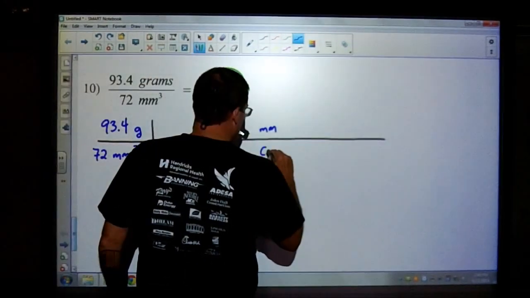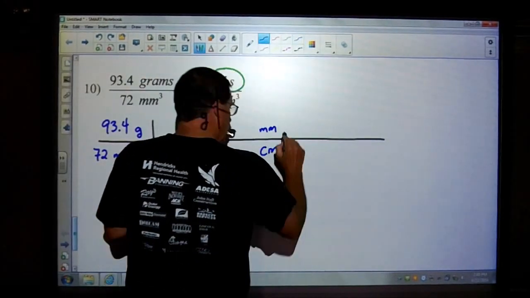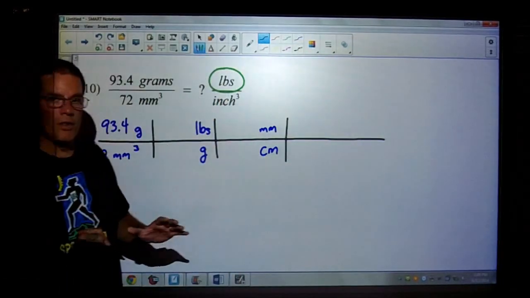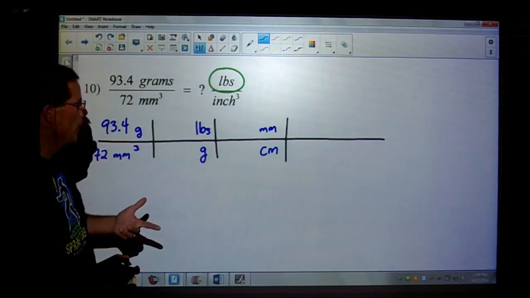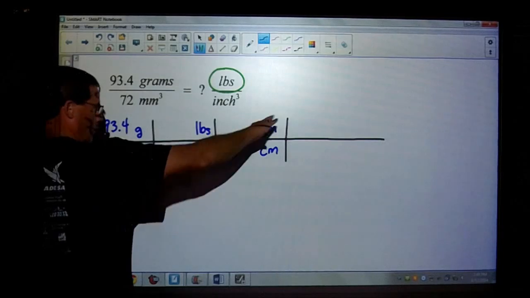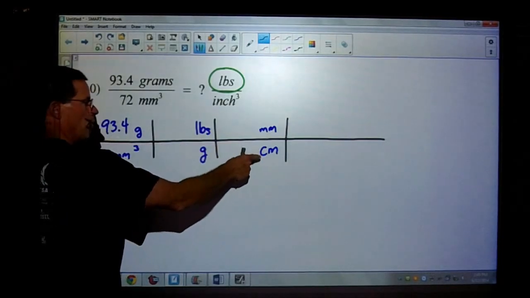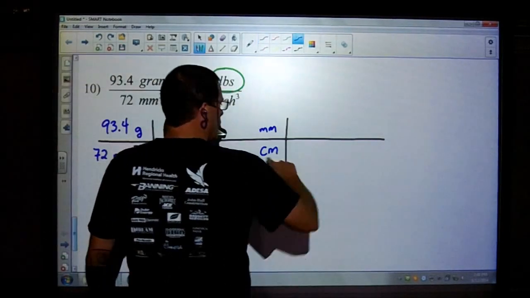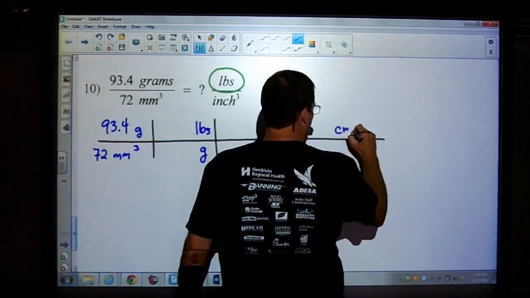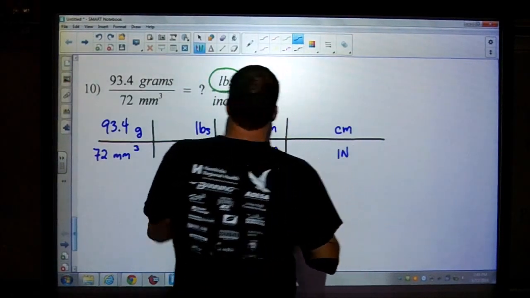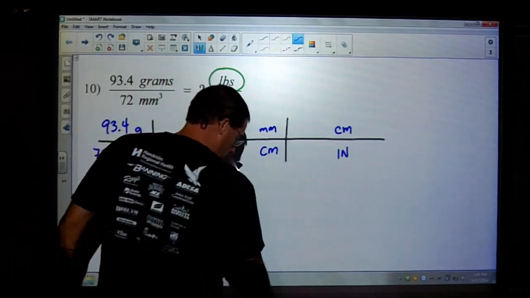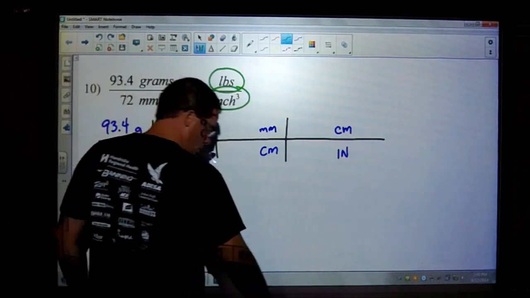So change that to centimeters. Again, we're working in a linear relationship first, then we'll cube it up. So right now my millimeters are gone, so now I need to get rid of the unit centimeters and go to inches. So I'm going to move it diagonal and put my inches there. And if I had all these cubed up, I would have my last unit.